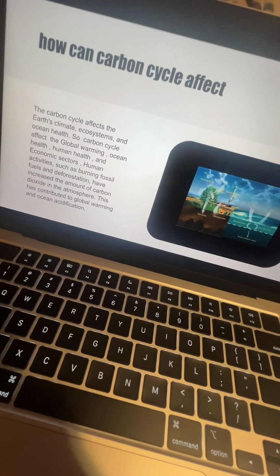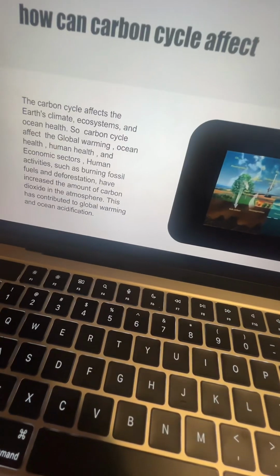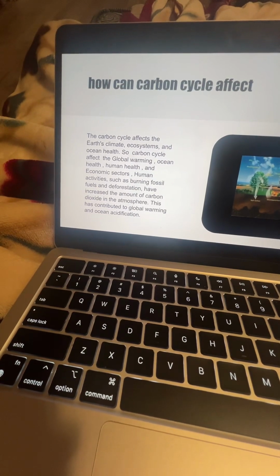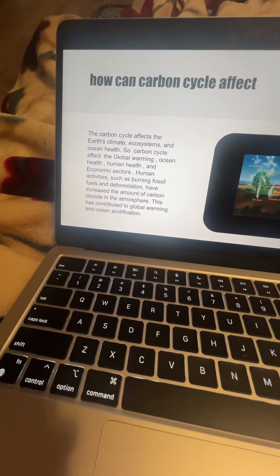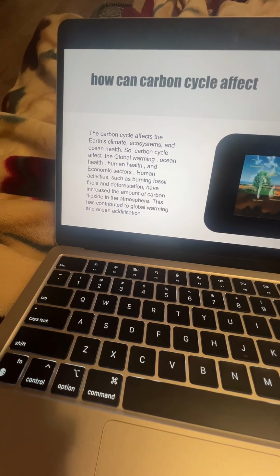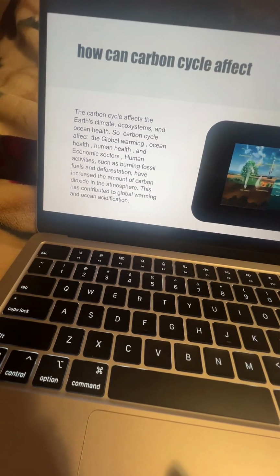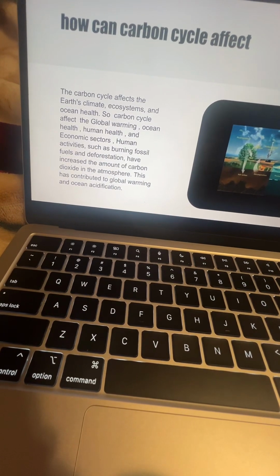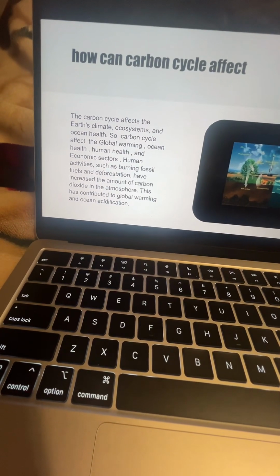How does the carbon cycle affect us? The carbon cycle affects the Earth's climate systems and ocean health. So the carbon cycle affects global warming, ocean health, human health, and economic sectors. Human activities such as burning fossil fuels and deforestation have increased the amount of carbon dioxide in the atmosphere.